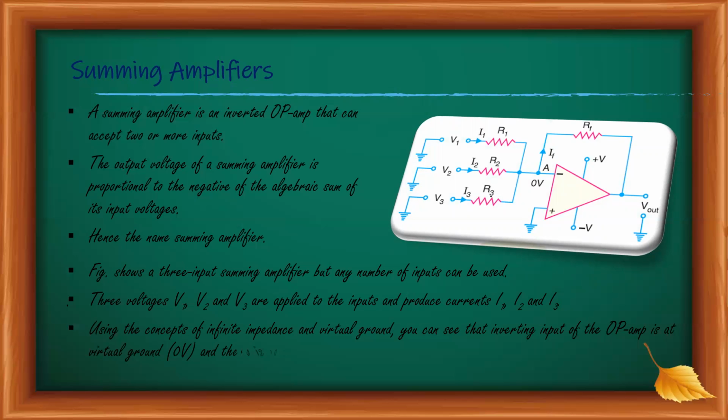Using the concept of infinite impedance and the virtual ground, you can see that the inverting input of the op-amp is at virtual ground and there is no current into the input of the op-amp.